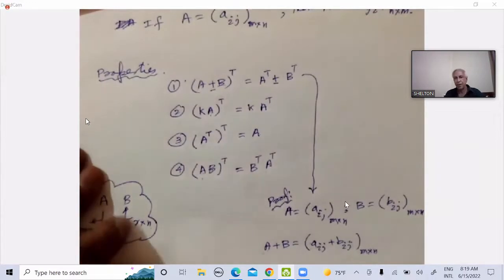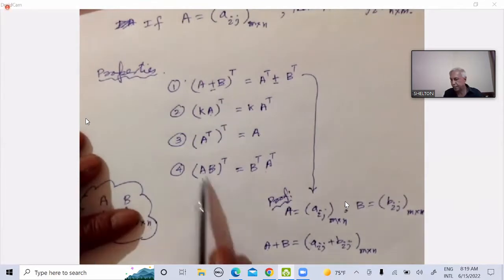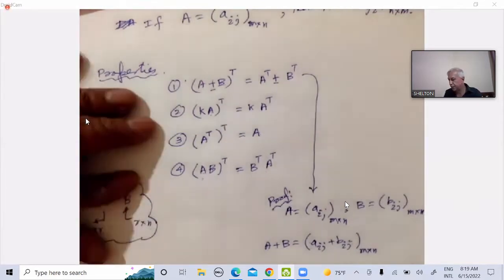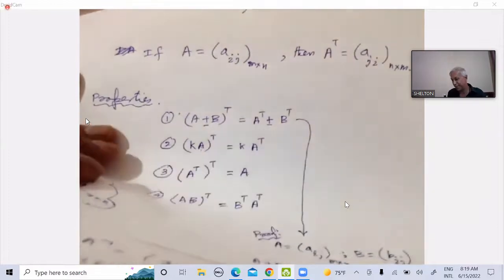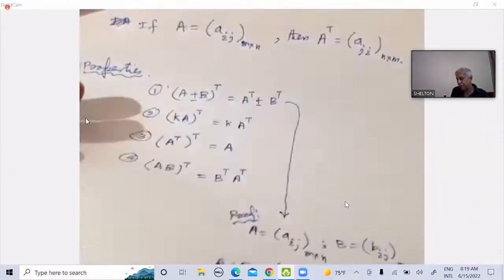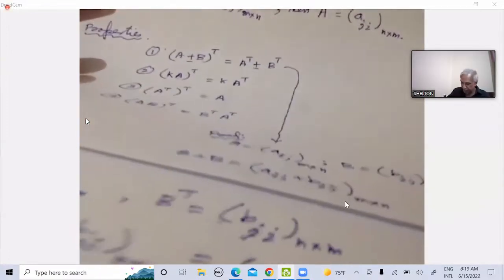Okay. Last one, that is a little bit involved. Therefore, I will show it to you using an example. We can prove it also, but the notation gets a bit difficult.